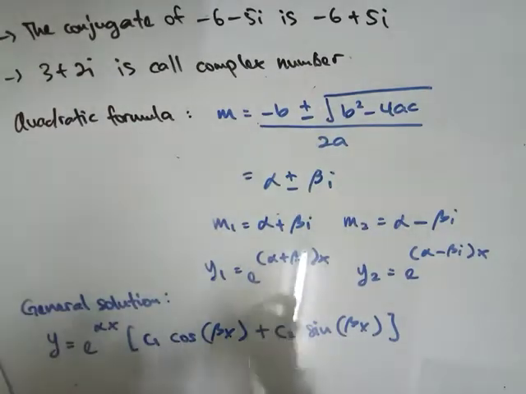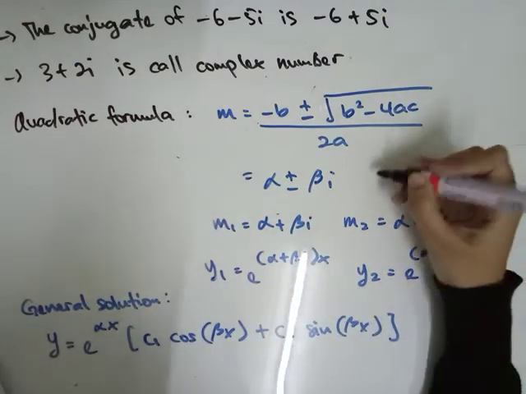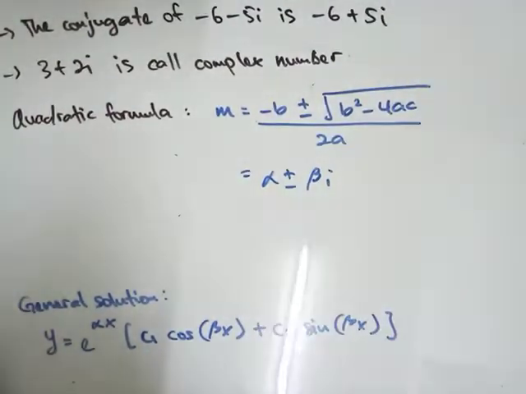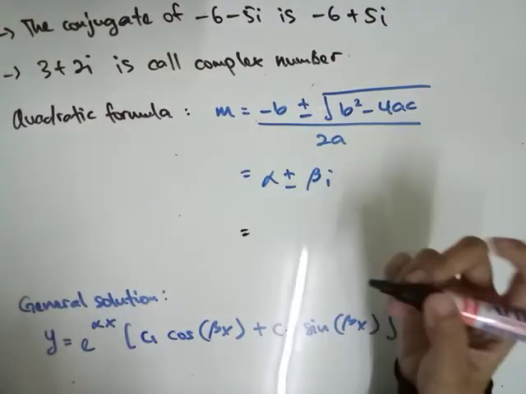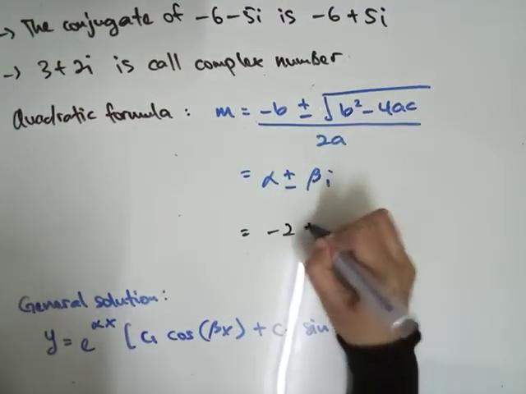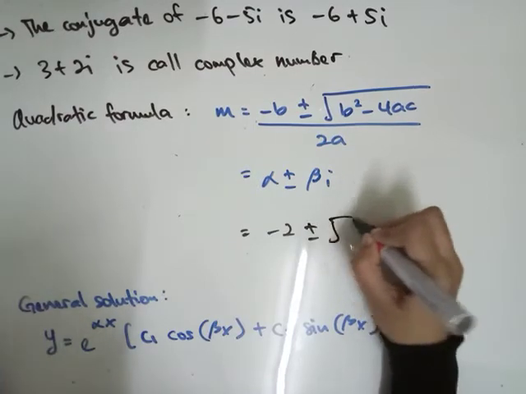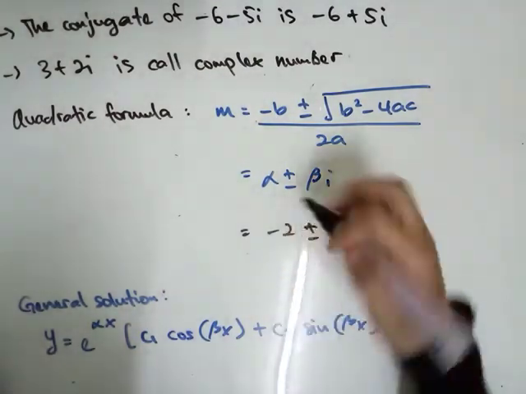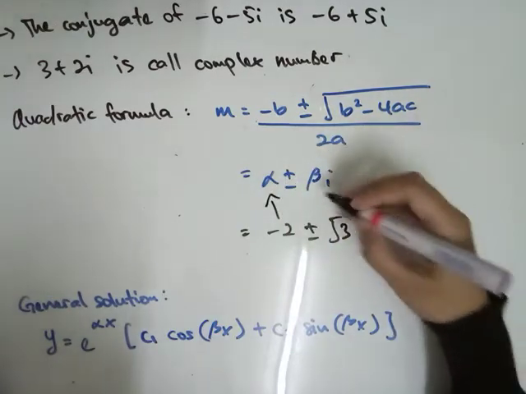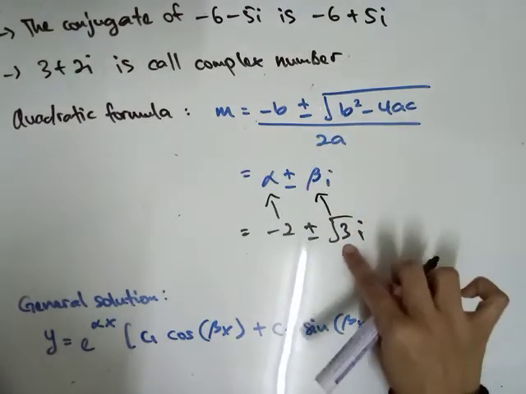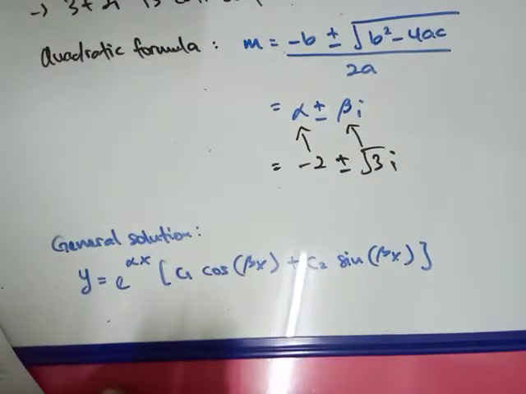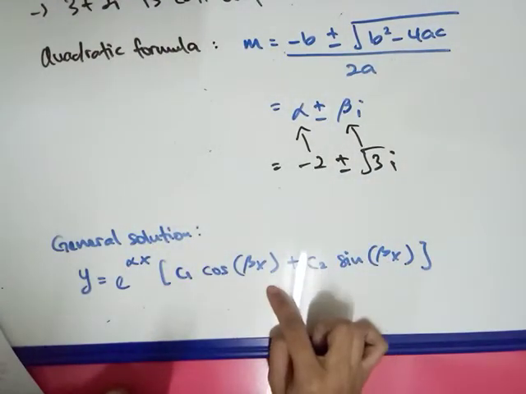For example, awak dapat last answer negative 2 plus minus square root 3 i. So negative 2 is alpha, and for beta, it is square root 3. Then substitute into this general solution form. Boleh faham nah?